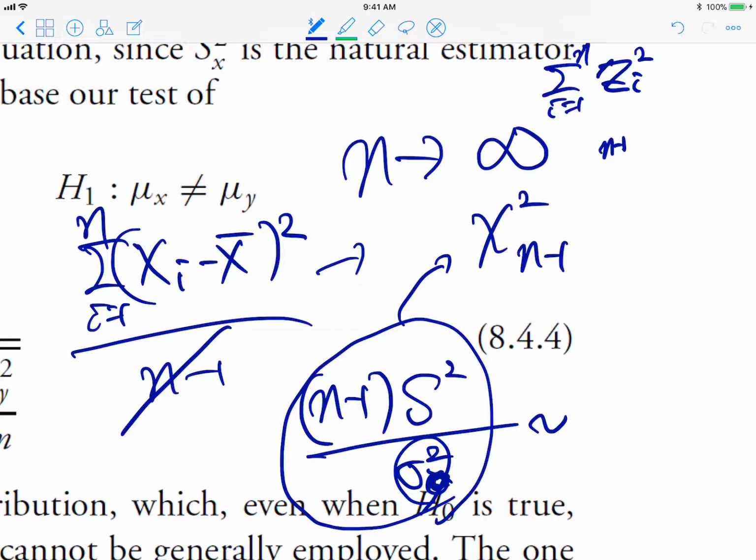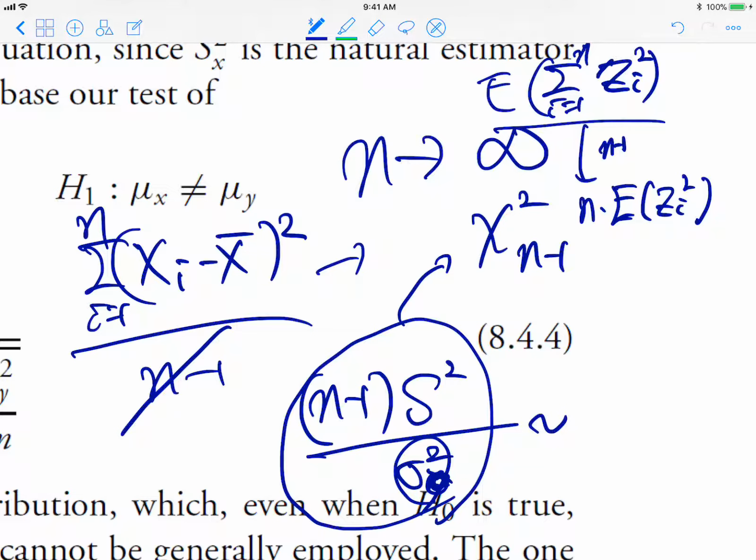That was the definition of the chi-squared distribution. The expectation of it will be n times the expectation of zi squared, right? We are just reviewing what we already learned. And what is this value?